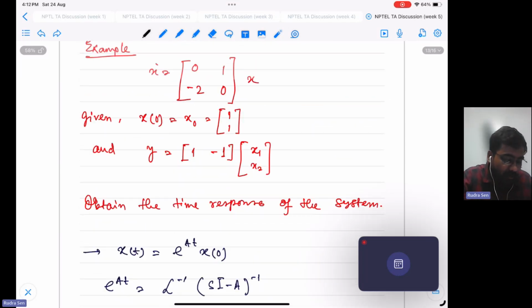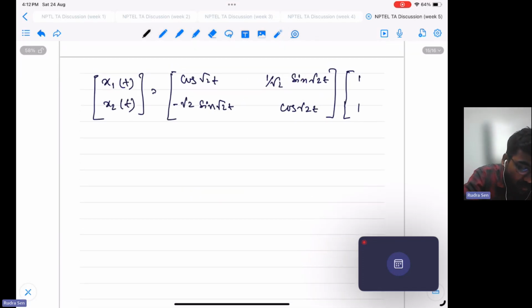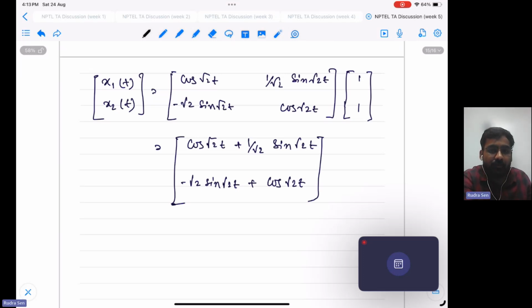What x(0) are we given? 1, 1. So what we get is cos root 2 t plus 1 by root 2 sine root 2 t, and minus root 2 sine root 2 t plus cos root 2 t.